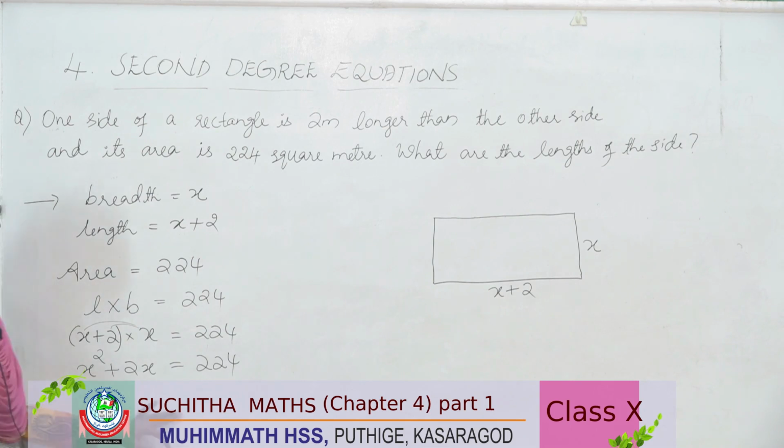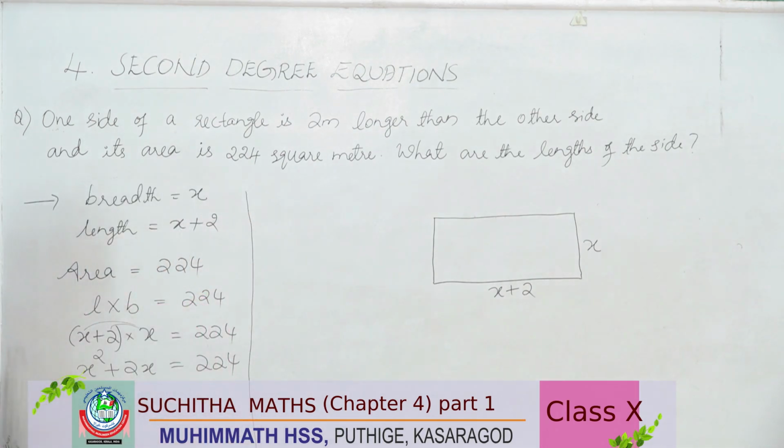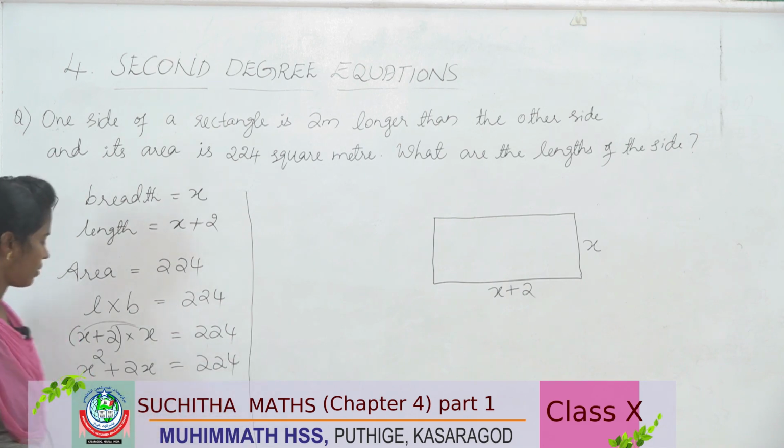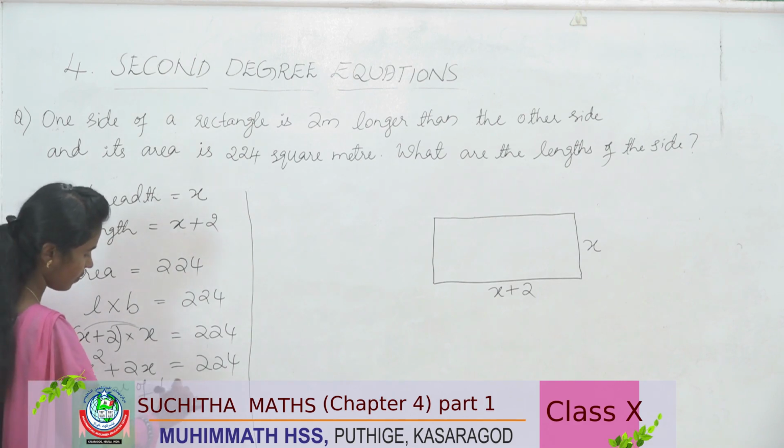Now here we can apply the square completion method. What is square completion method? Add the square of half the coefficient of x on both sides. Here the coefficient of x is 2 and its half is 2 by 2. Half of 2 is 1 and add 1 square on both sides.